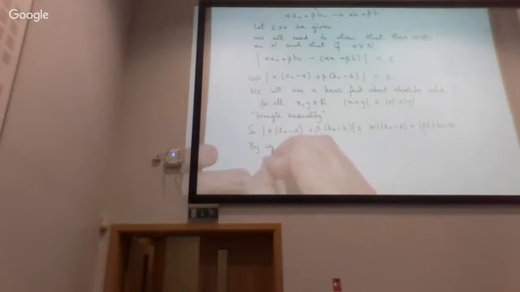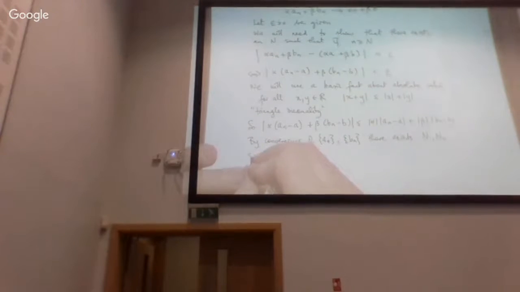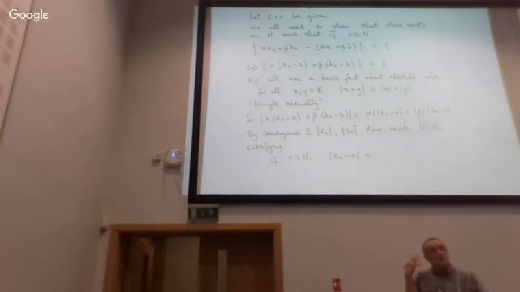So by convergence of an and bn, there exist two points, n1 and n2, and these two points satisfy these two conditions. If n is bigger than or equal to n1, the absolute value of an minus a, I can choose this to be as small as I want.